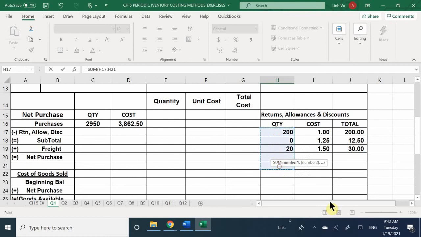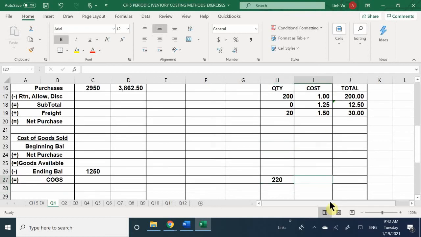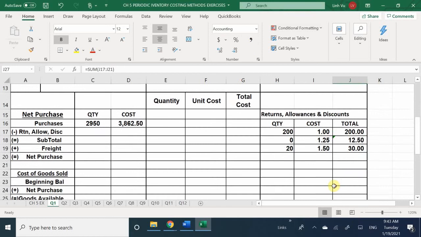Do I have a total of 220? Yes, you do. And how much in total did I return? $242.50. Good.